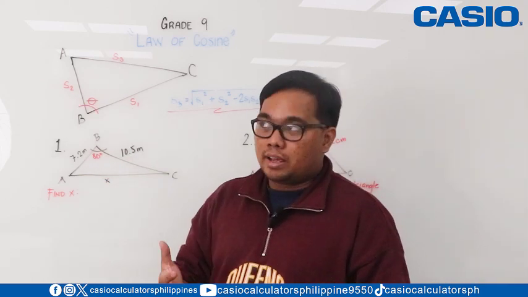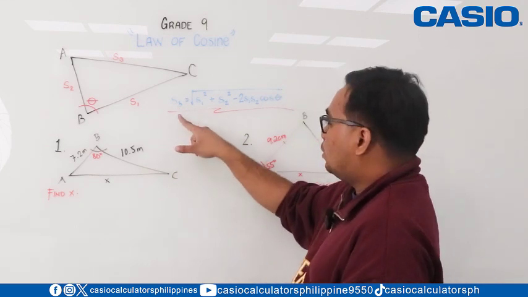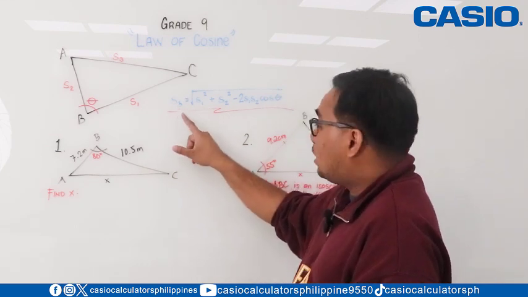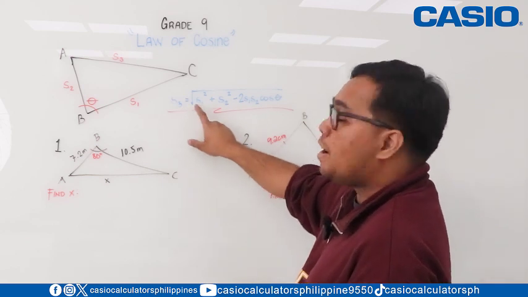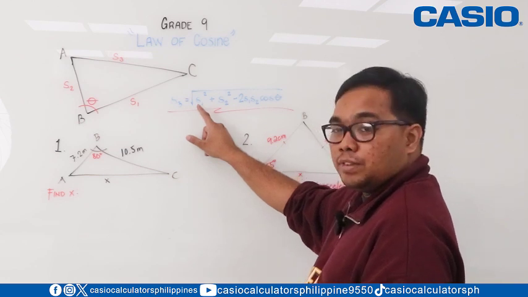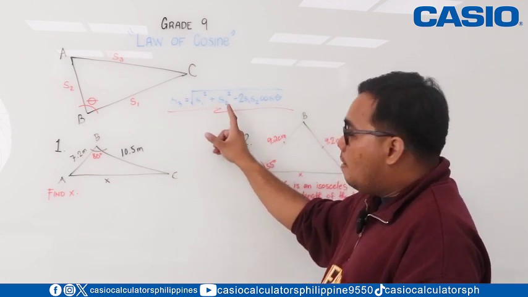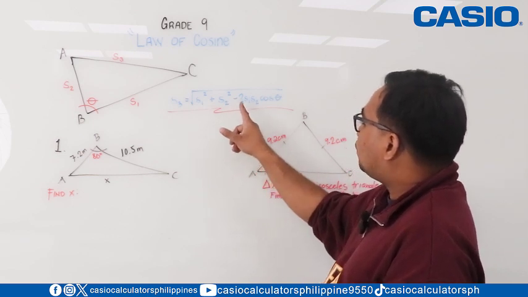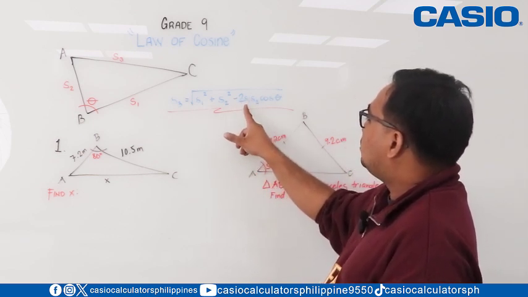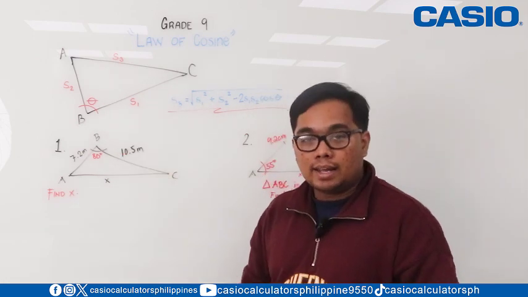The formula is: the third side, or the side opposite the included angle, is equal to the square root of the square of the first side plus the square of the second side minus the product of two, side 1, side 2, and the cosine of the included angle.